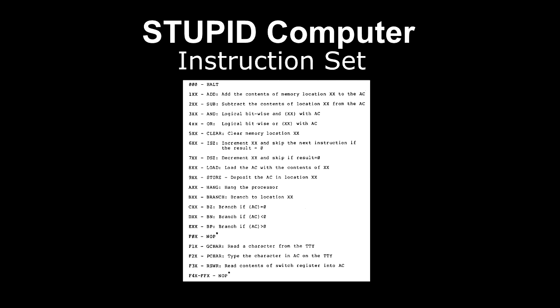There's a put character, and there's a read switch register, and that's it. That's the whole instruction set. There's no multiply. There's no divide. There's no exclusive or, and there's no carry bit either, I might mention. So there's no branch on carry. There's no testing for things like overflow and things like that.